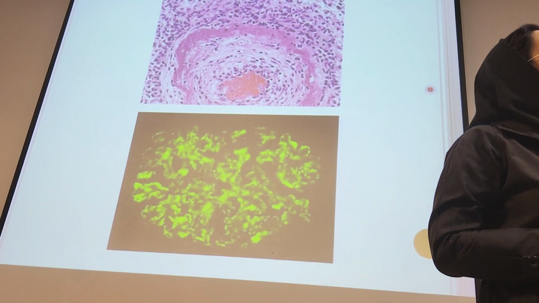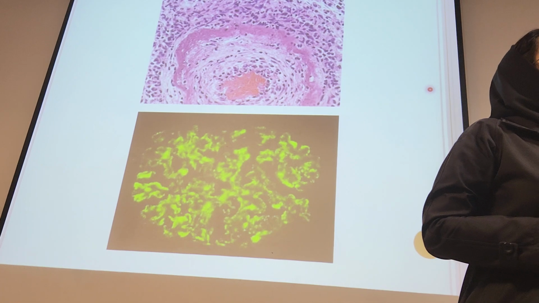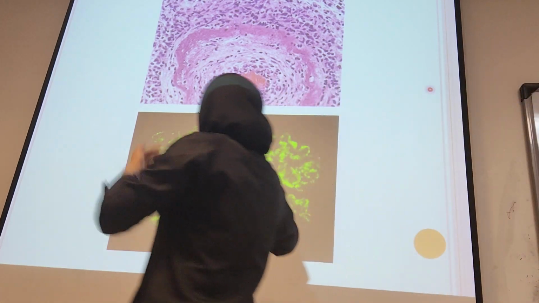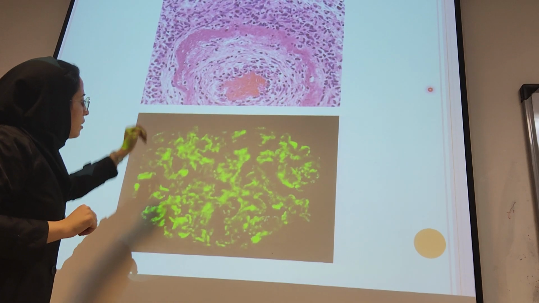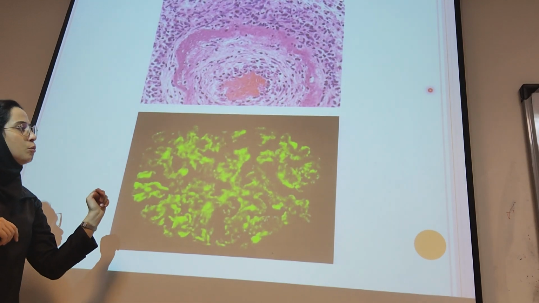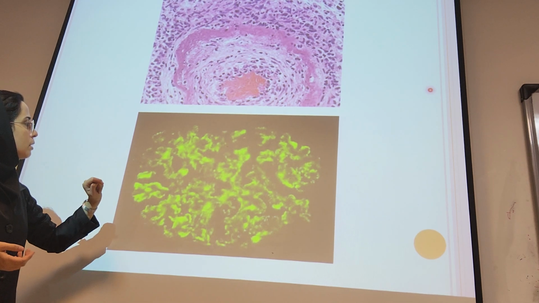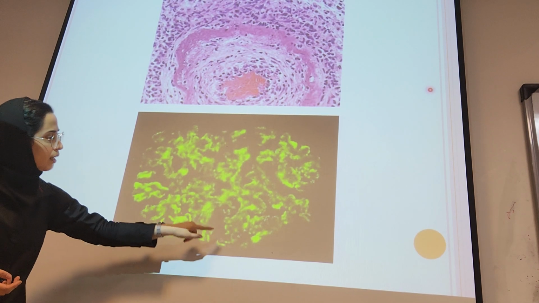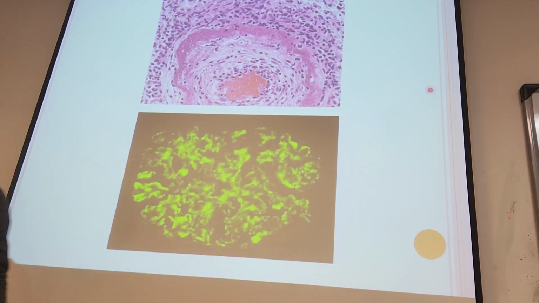Fibrinoid necrosis is the type of necrosis that we have in vessels. Okay, here you see the deposition of fibrinoid material in the vessel wall. And this is immunofluorescence study of kidney. And here you see granular deposition of immune complexes in the kidney.